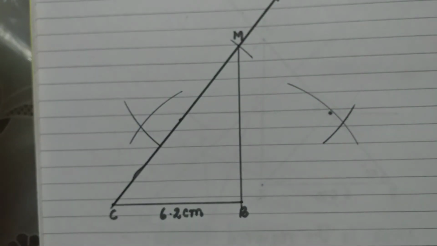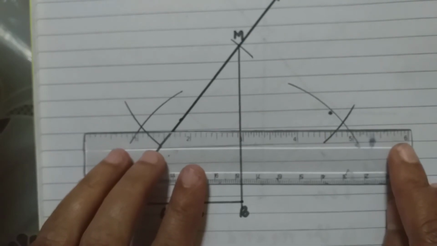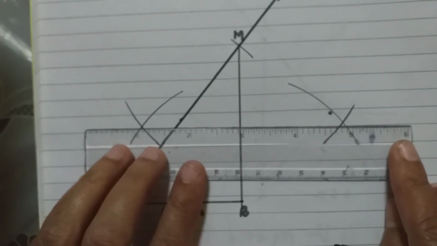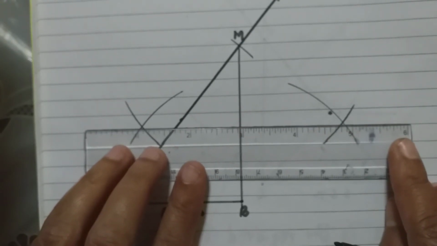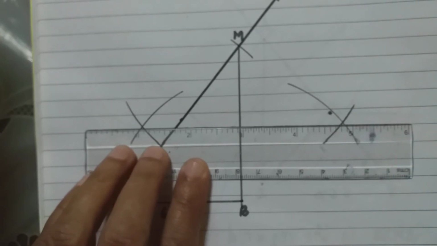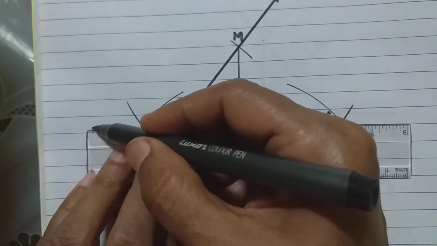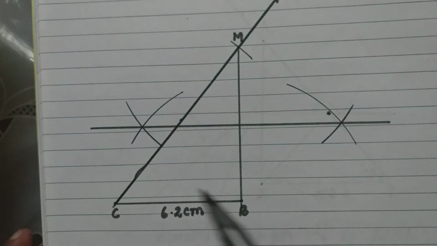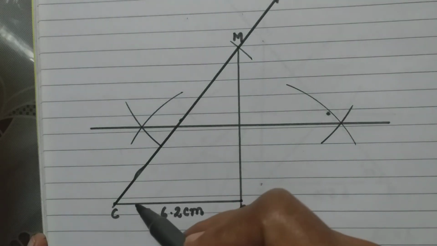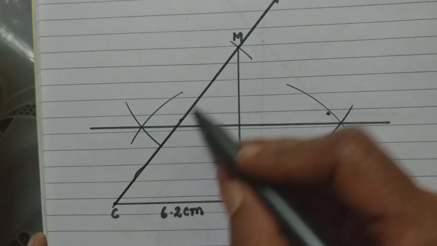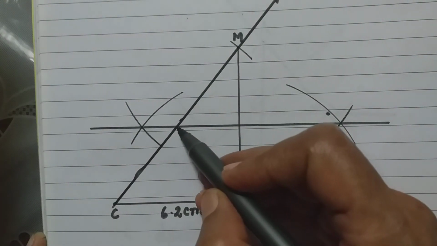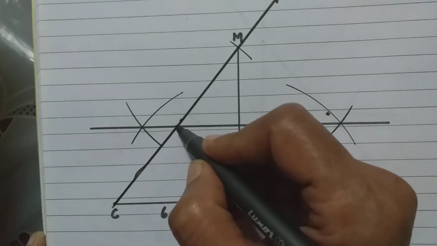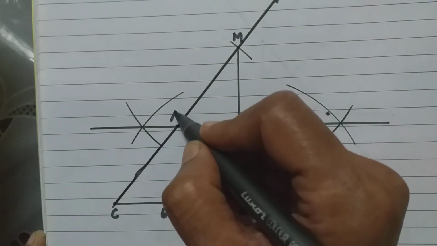Okay, once it is cut, now we have to draw a line passing through the point of intersection of the two sets of arcs. So we are drawing the line. Once it is drawn, now what do? This perpendicular bisector cuts this side CM at this point, and this point will be the vertex A.